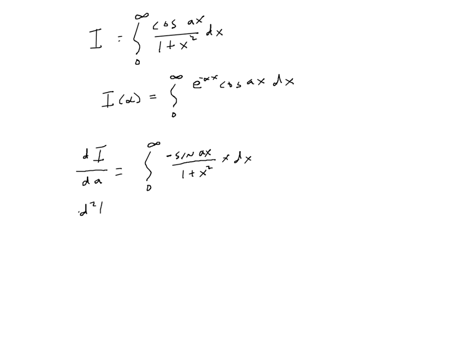And then I'll take another derivative of this, and I get the integral of minus cosine ax over 1 plus x squared, times another x squared dx.